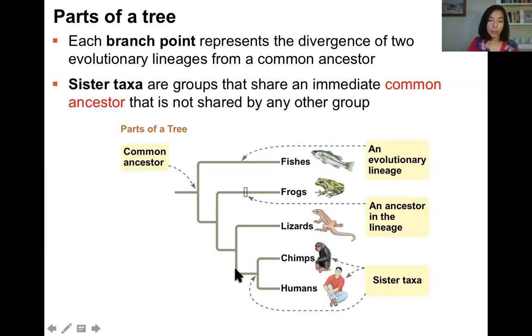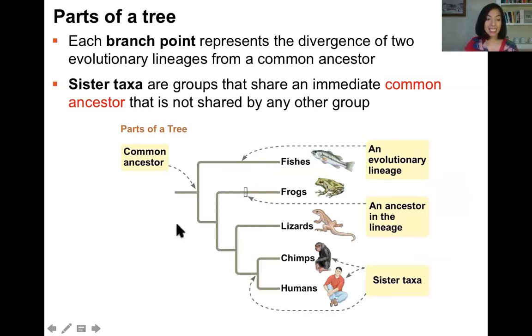Now, if we look at this branching point, we see that lizards are the sister group of a lineage that carries both chimps and humans. And frogs are the sister group of this lineage that holds lizards and chimps and humans all together. This whole lineage is the sister group of frogs.